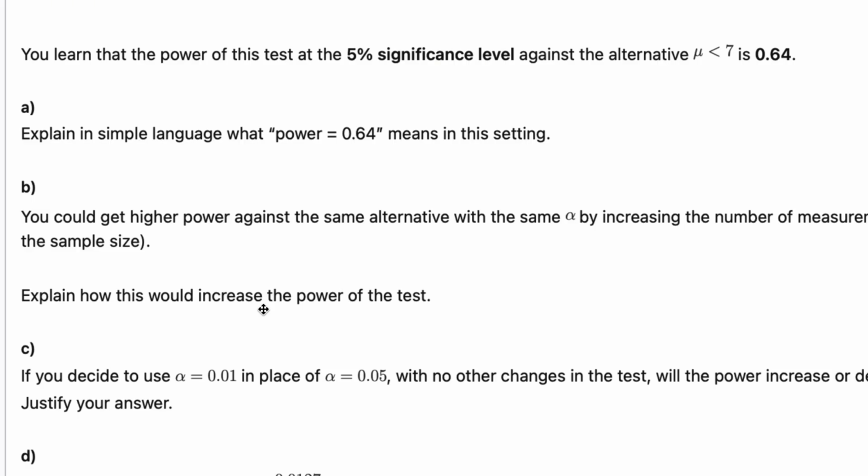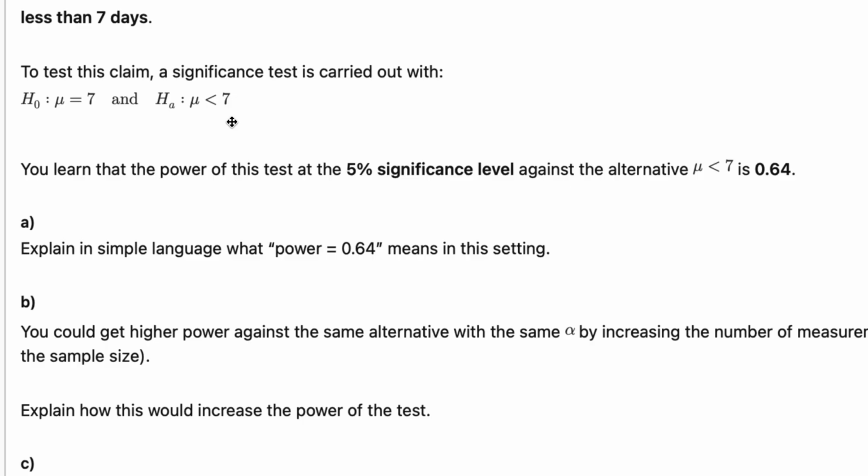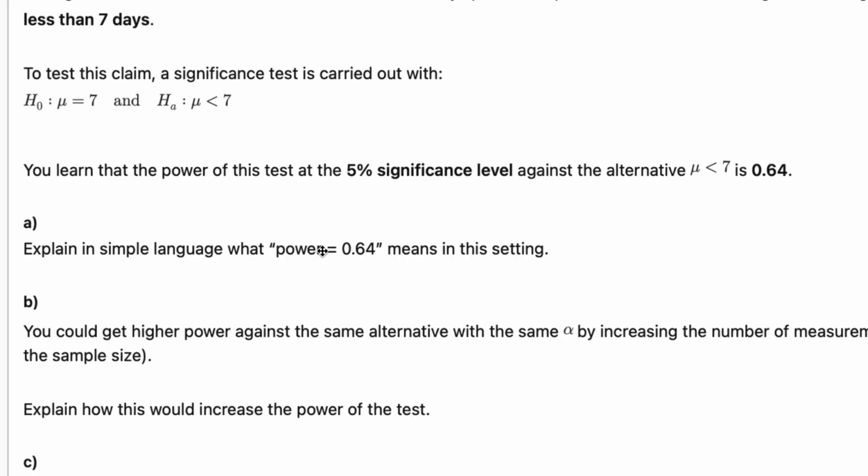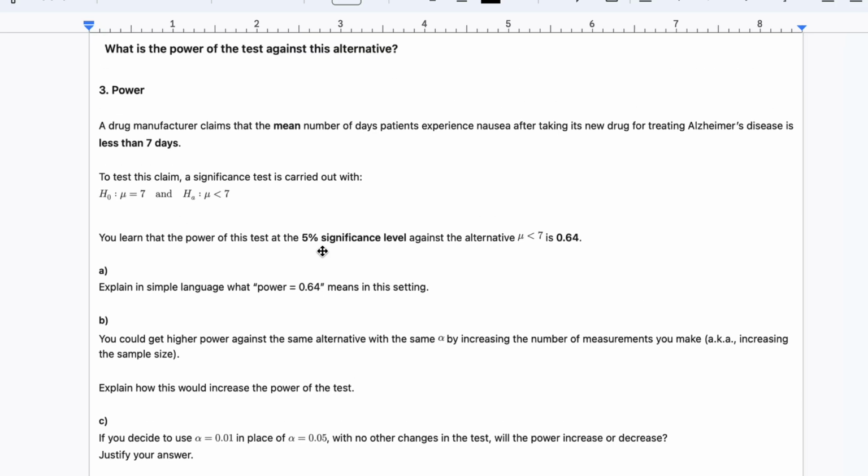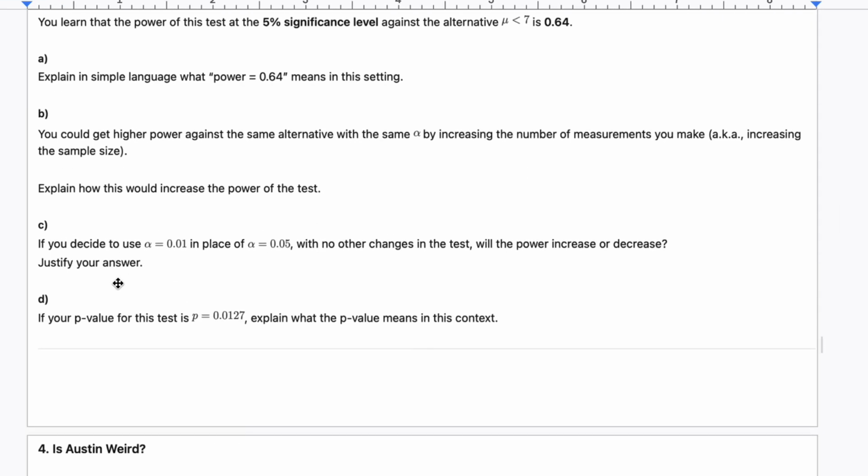Because it makes sense: if the standard deviation is getting smaller, then the data will cluster nearer the true mean. That makes it easier to detect that mu is less than 7. So the probability of rejecting the null hypothesis when mu is less than 7 is true goes up, which means that the power will go up. And that's my explanation for that.